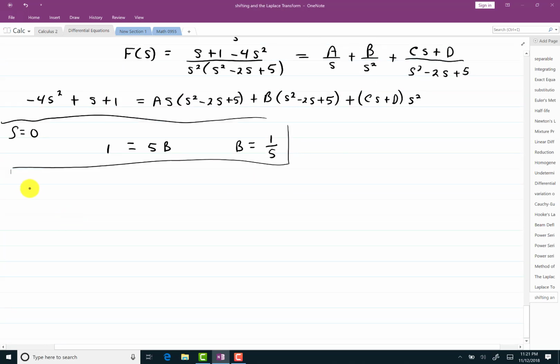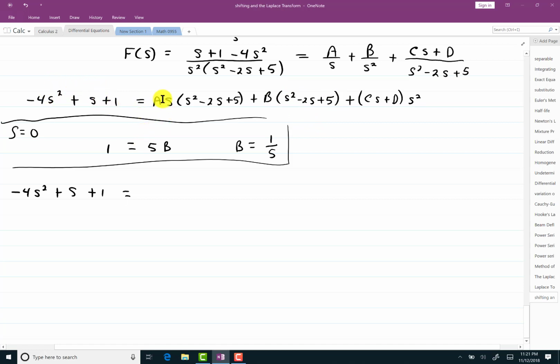I happen to think it's easier to multiply everything out and match coefficients than it is to try to pick different numbers and find the numbers a, b, and all that way, because while I'm able to find b rather quickly, a, c, and d are a lot harder, because I can't put in imaginary or complex numbers that zero out this stuff, because over here I'm not guaranteed that it will clean up so nicely.